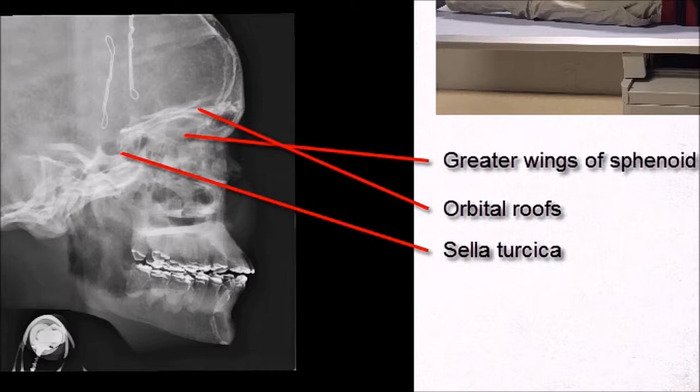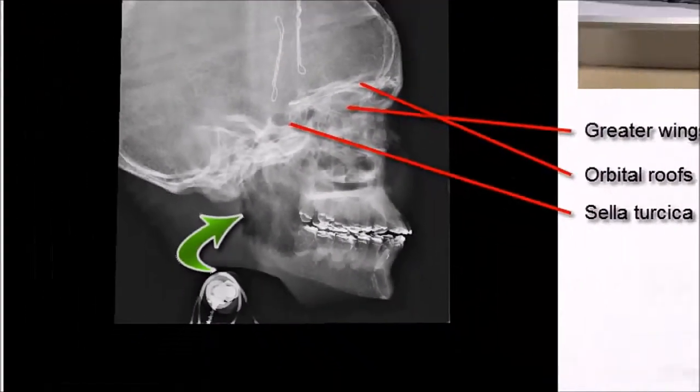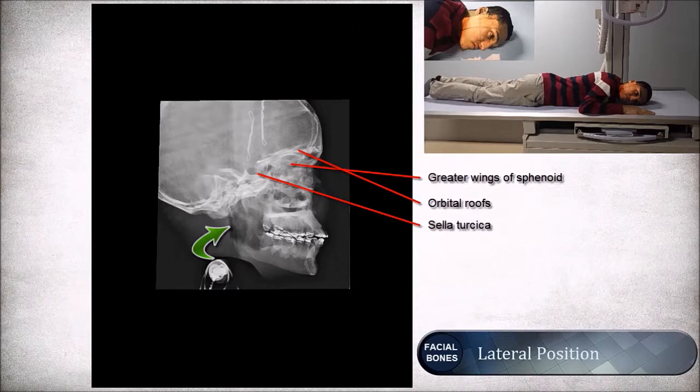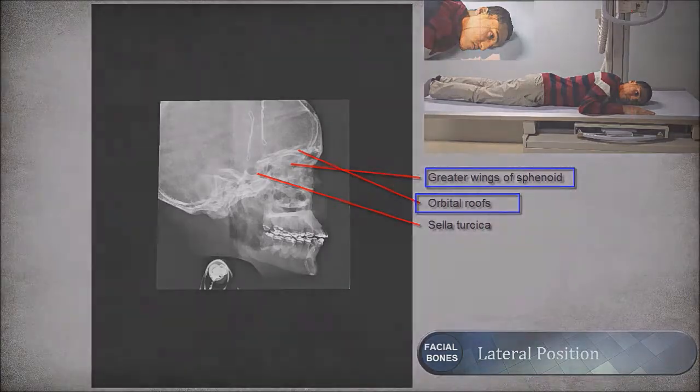Rotation is evident by anterior and posterior separation of symmetric vertical bilateral structures such as the mandibular rami and greater wings of the sphenoid. Tilt is evident by superior and inferior separation of symmetric horizontal structures such as the orbital roofs and greater wings of the sphenoid. Contrast and density are sufficient to visualize the maxillary region. Sharp bony markings indicate no motion.